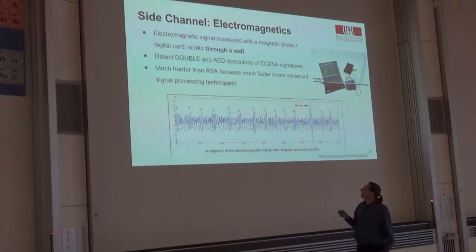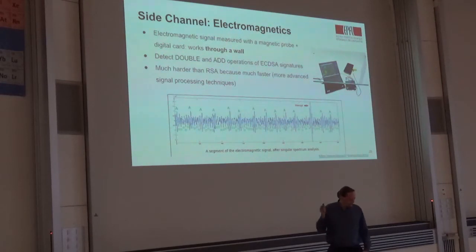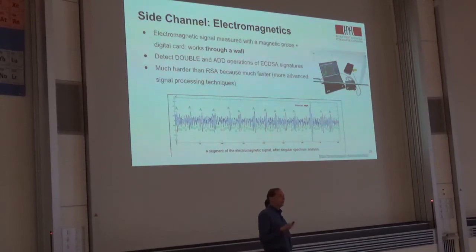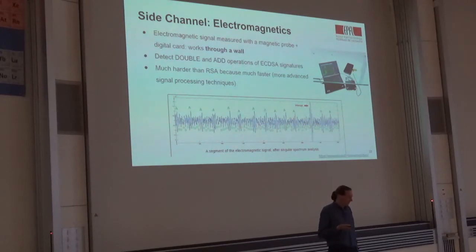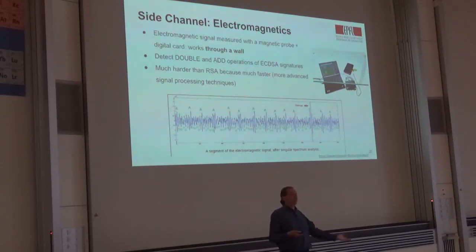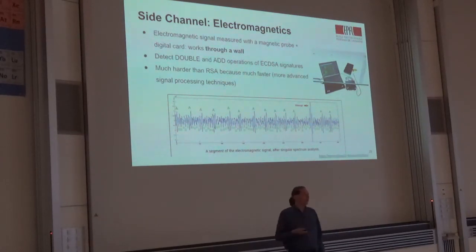Once again, in this particular experiment, this was done against ECDSA, the elliptic curve digital signature algorithm, which in its naive, most convenient to implement form does something somewhat similar to the RSA square and multiply. This is because for elliptic curves, double and add is more or less the analog of square and multiply in the integer fields that RSA is using.